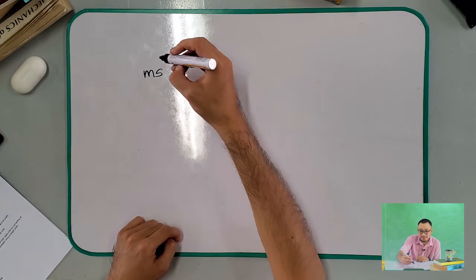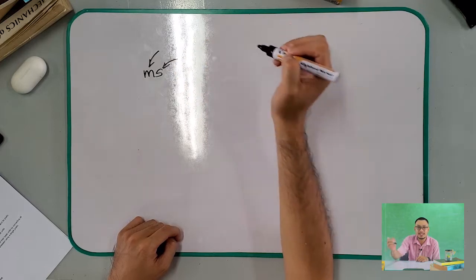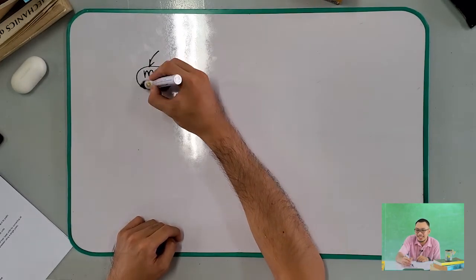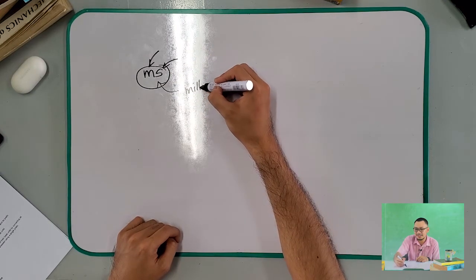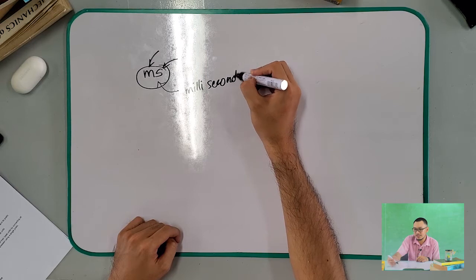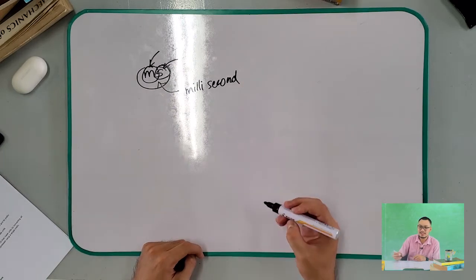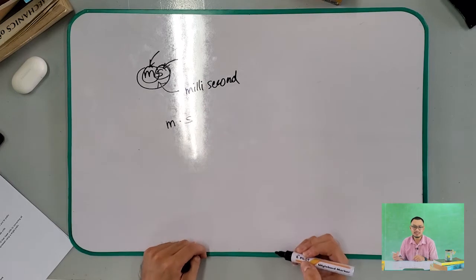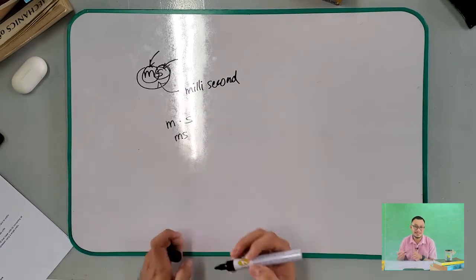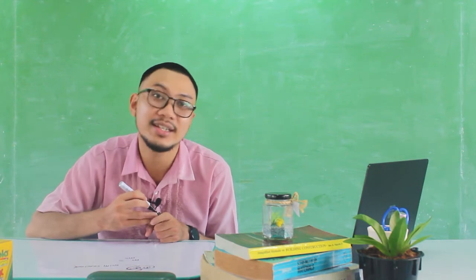The unit meter and the unit second can no longer be written together, because it will be misinterpreted as millisecond. So, what we should do if they are two separate units is write meter dot second. They cannot be written together because that will be misinterpreted. Take note, again, if units are written together, we should always separate them with a dot.